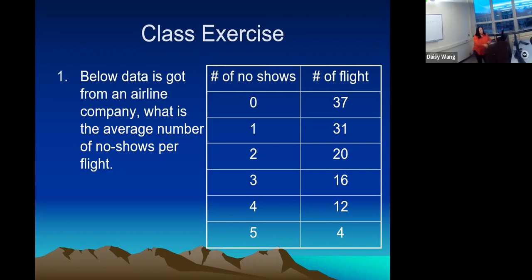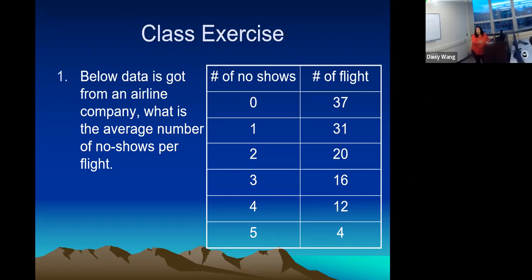So out of these flights, let me see what is the total. 120. So out of 120 flights, 37 have 0 no-shows. Okay, 37 out of 120. Everybody that booked the ticket shows up.